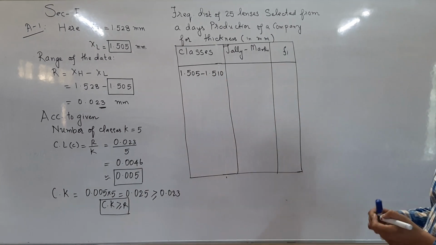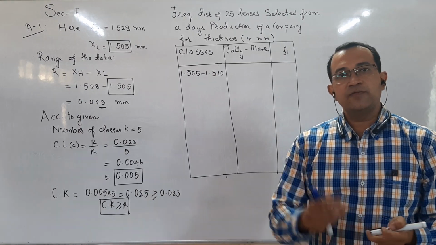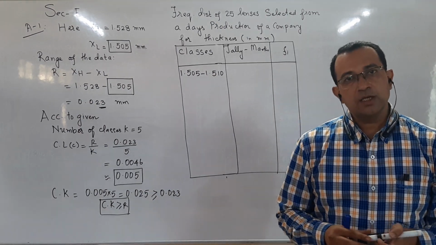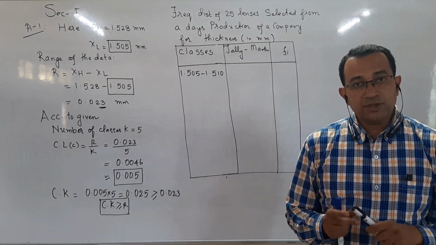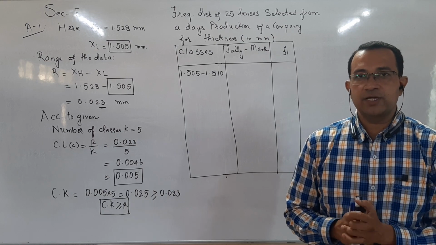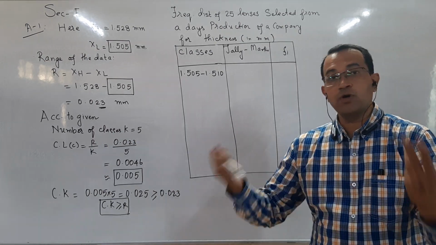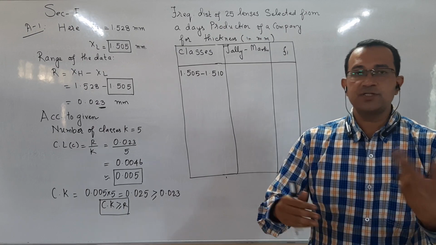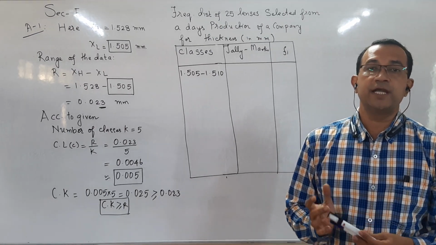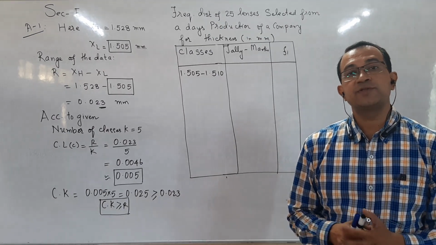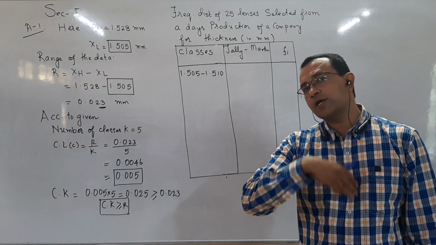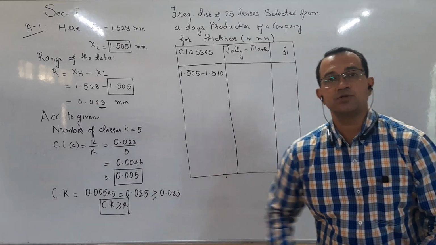We are going for exclusive classes. Generally, if class length is small, you always go for exclusive. And if the range is wide, rather than class length. If the range is small, you always prefer exclusive. Even you can make inclusive, students. There is no such rule.